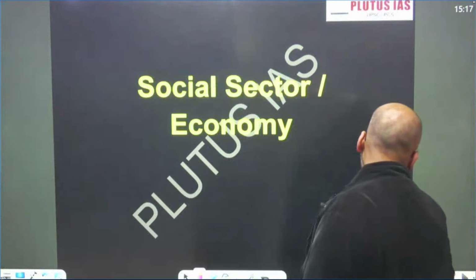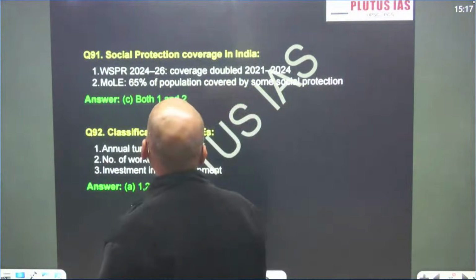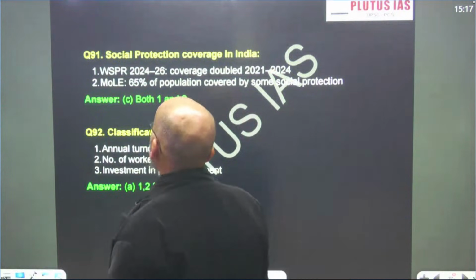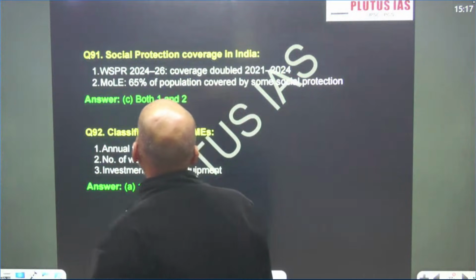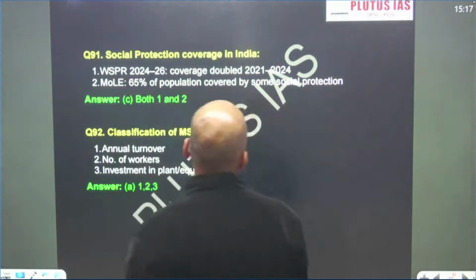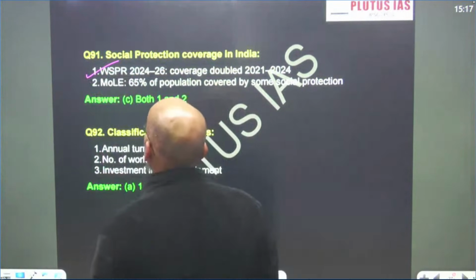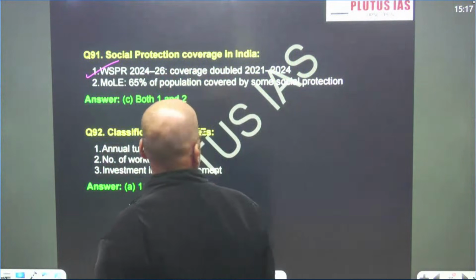Then social sector and economy. Question 91. Social protection coverage in India. So two statements are given. WSPR 2024-26: coverage doubled from 2021 to 24. This statement is correct, guys. And more than 65% of population covered by some social protection.